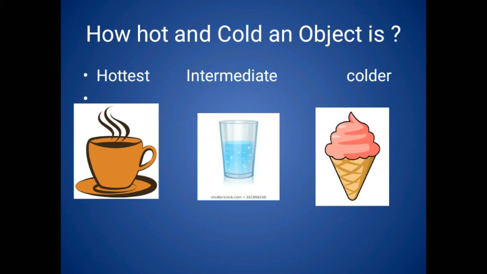See, if you compare these three things, the hot coffee cup, the glass of water at room temperature, and the cold ice cream, how can we precisely tell the hotness of each? In a random way, we might say that the cup of coffee is the hottest and the ice cream is the coldest, and this glass of water is in between, neither cold nor hot. That means it is in an intermediate state.